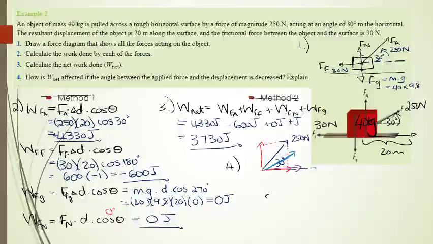Do you see that as we reduce this angle, this parallel force vector or component, sorry, increases? And if that increases, that means I'm going to have a larger force being applied to this box, which means I'm going to have a greater work done.